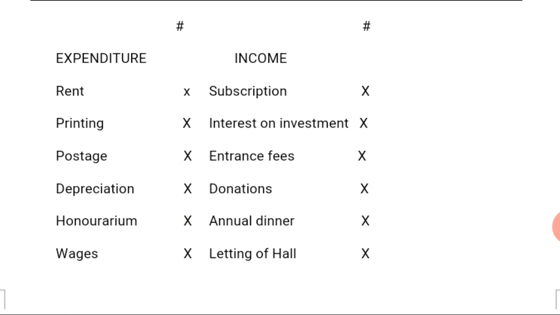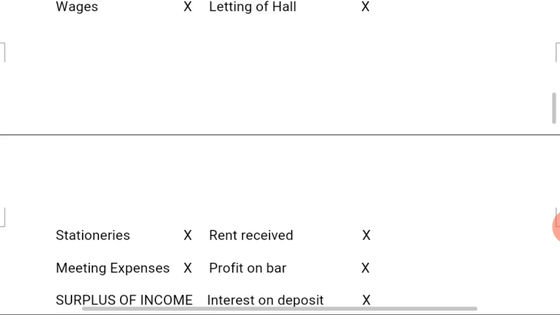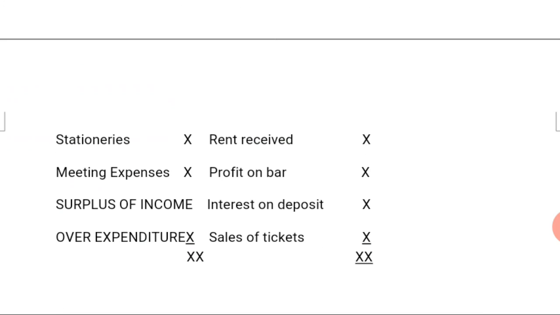We have on the debit side expenditure, while on the credit side income. We have the denomination as naira. Under the expenditure on the debit side, we have items such as rent, printing, postages, depreciation, honorarium, wages, etc., stationeries, meeting expenses.